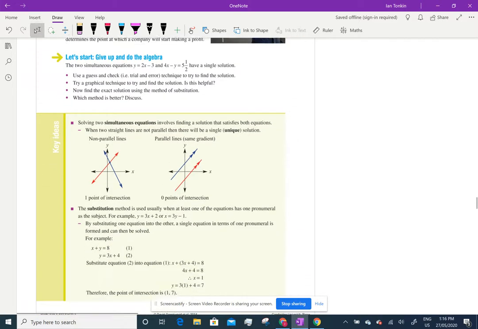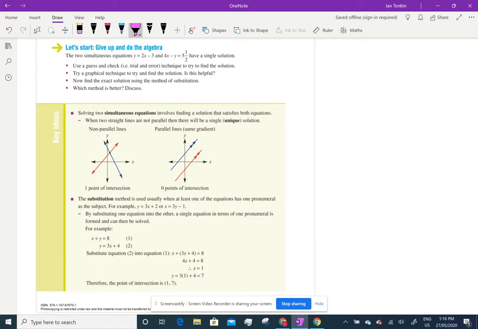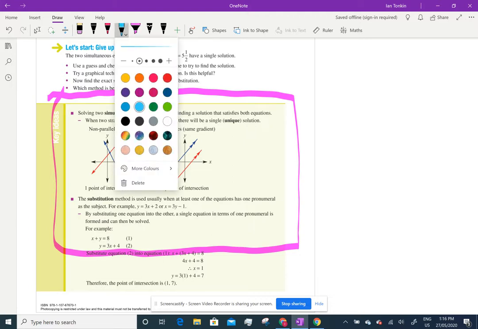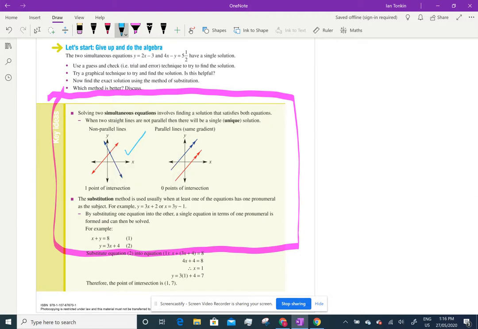What I want to first look at, though, and I wanted to reiterate this so we know what we're doing: when we're solving linear equations, we will either get one solution where the two lines intersect, or no solutions where the two lines are parallel.